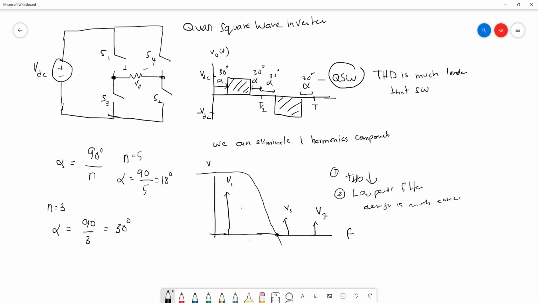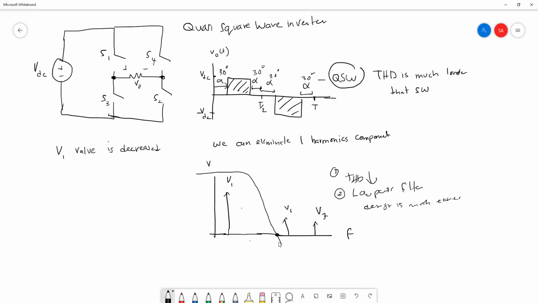However, there are several disadvantages of using this quasi square wave. The obvious disadvantage is that the fundamental value, which is your V1, is decreased.